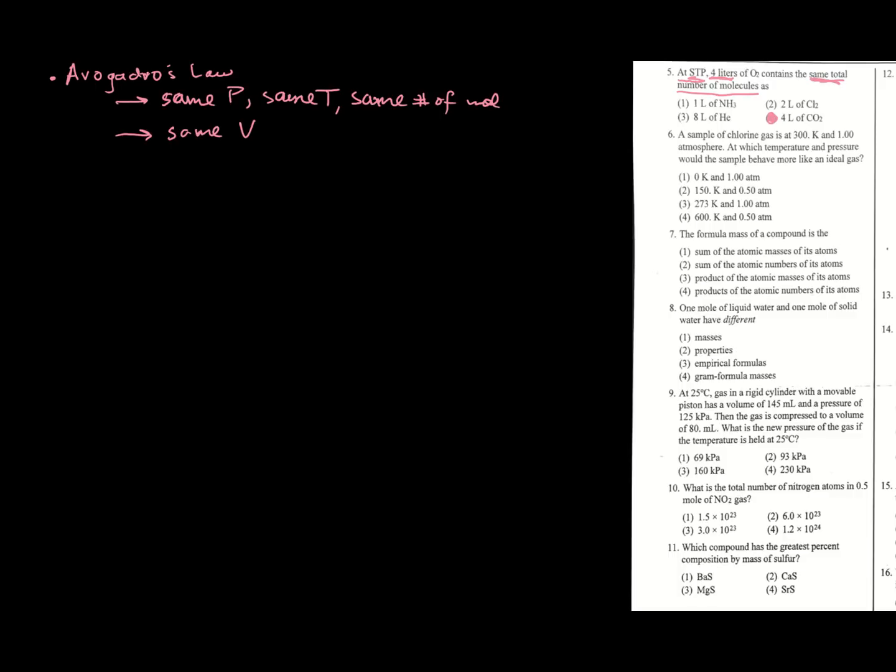Number 6. A sample of chlorine gas is at 300 Kelvin and 1 atmosphere. At which temperature and pressure would the sample behave more like an ideal gas? So we're going to think most versus least, because you bet there might be a question about least instead of most.